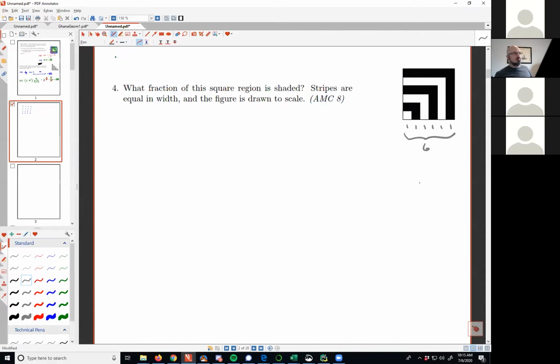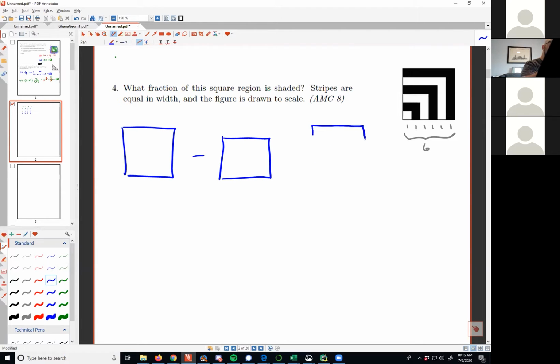Then to find the bigger shaded area, you subtract the smaller square from the bigger one. Every time we subtract a smaller square from a bigger square, we get a leftover shaded part.